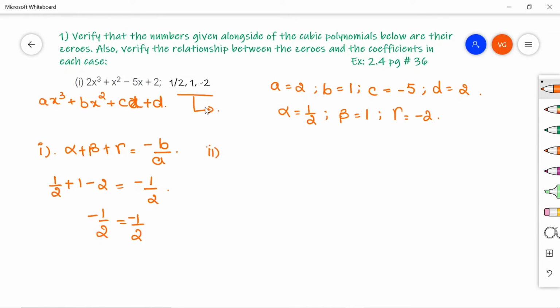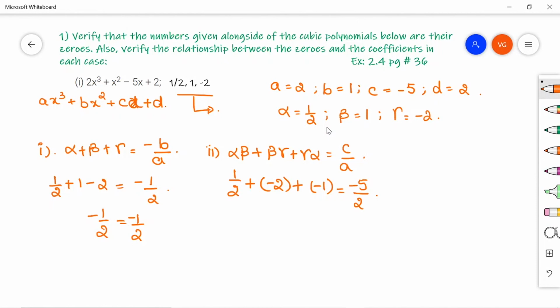Second relationship here is alpha beta plus beta gamma plus gamma alpha is equal to c by a. Let us substitute. Here alpha is 1 by 2 and beta is 1. 1 by 2 into 1, that I am writing as 1 by 2, plus beta is 1 and gamma is minus 2, that I can write as 1 into minus 2, minus 2, plus gamma into alpha, minus 2 into 1 by 2, minus 1, is equal to c is minus 5 divided by a is 2.